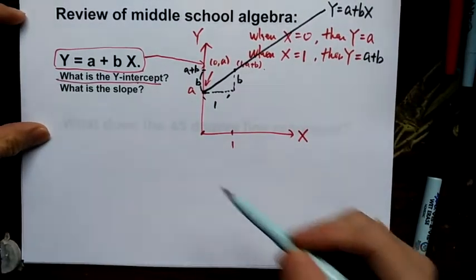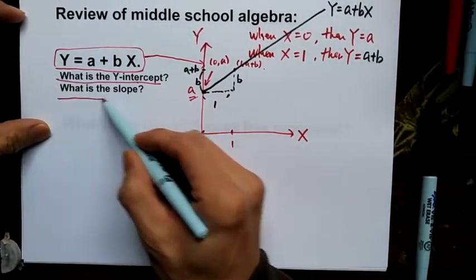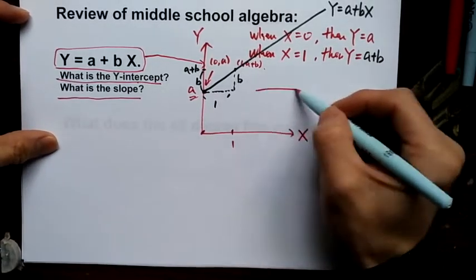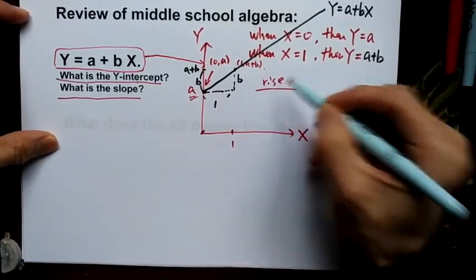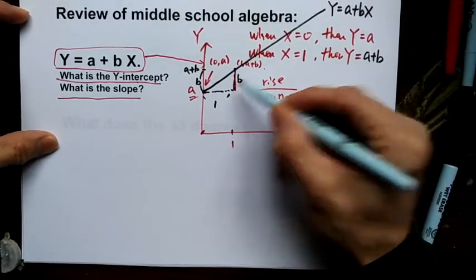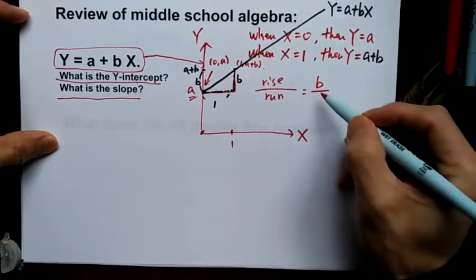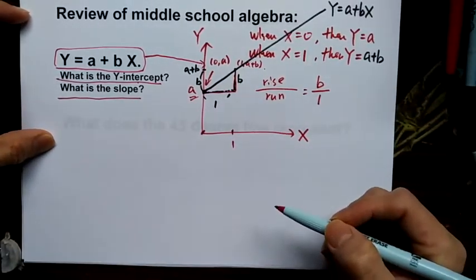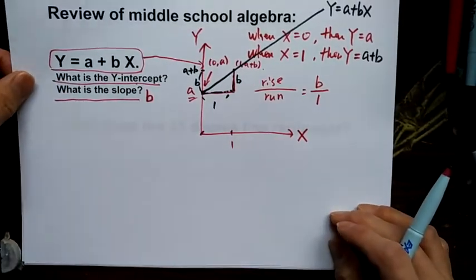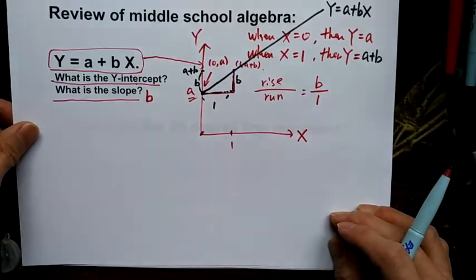The answer is a. And remember, what is the slope? The slope is rise over run. How much is the rise? B. How much is the run? 1. Therefore, the slope is exactly b. That's the review of your middle school algebra.